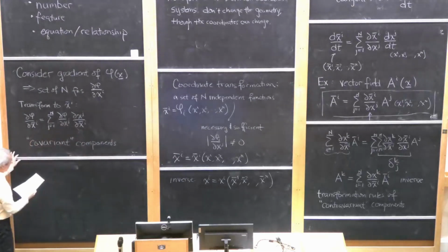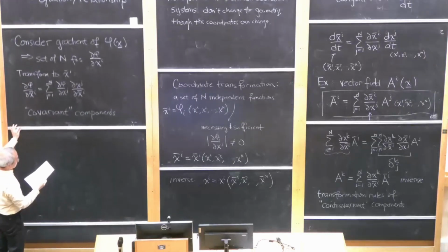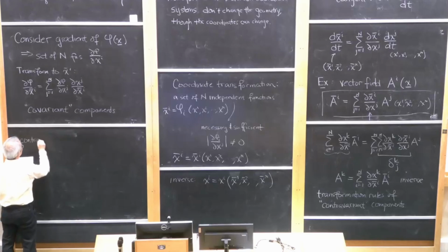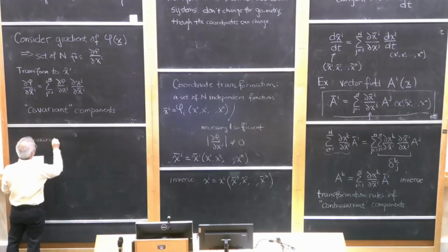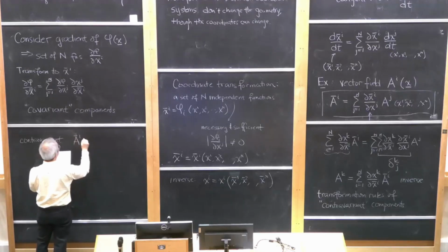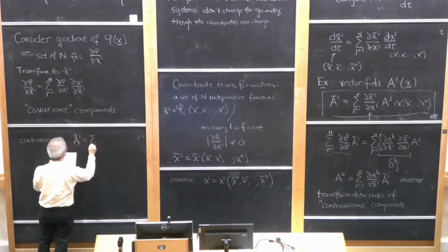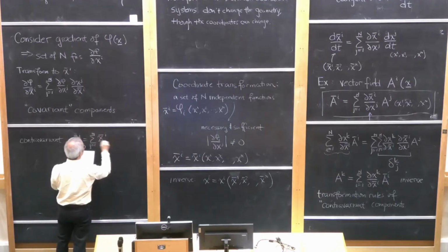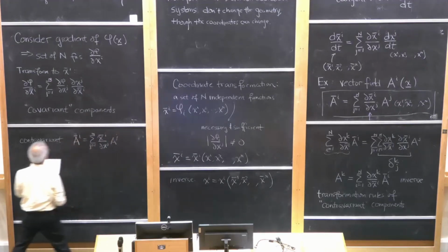Just to summarize those transformation rules, if you have contravariant, then you have a bar i equal to the sum from j equals 1 to n of dx bar i dx j a j.